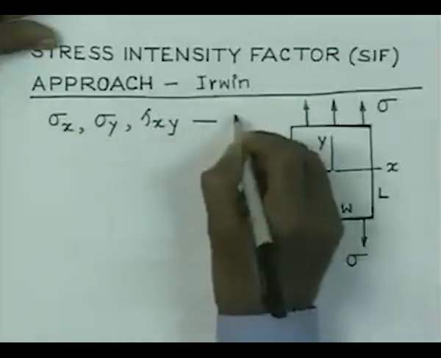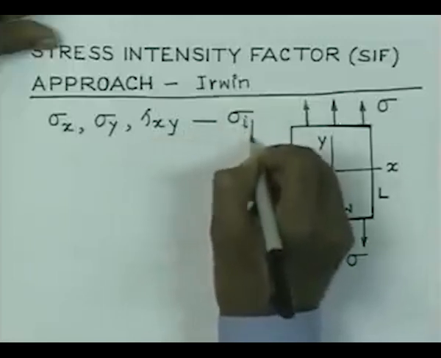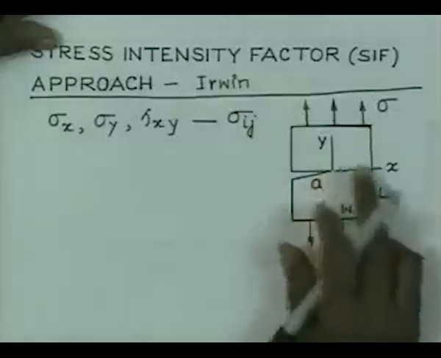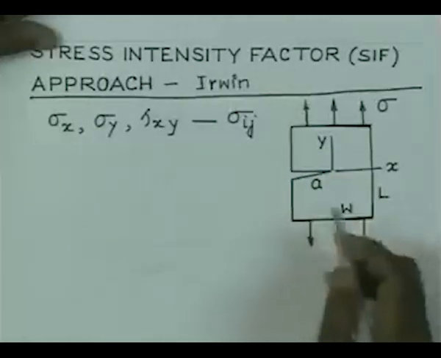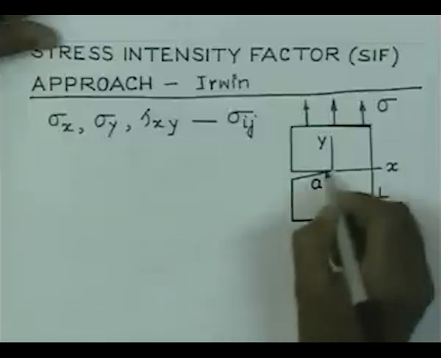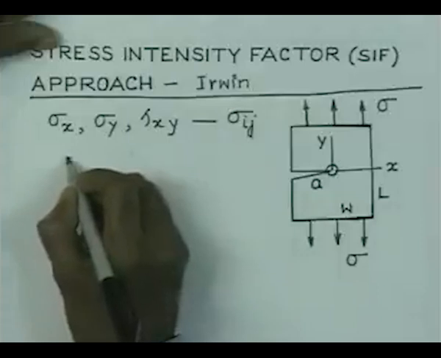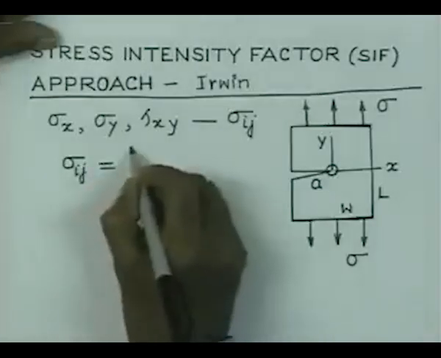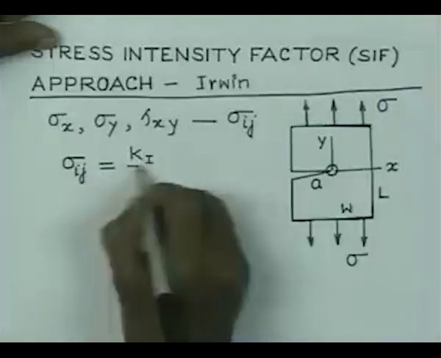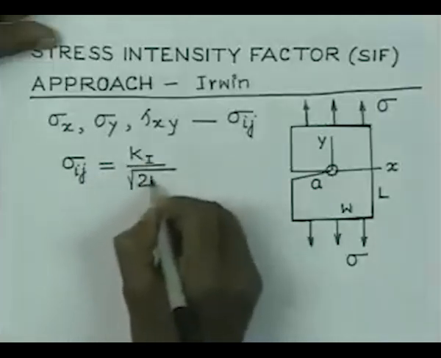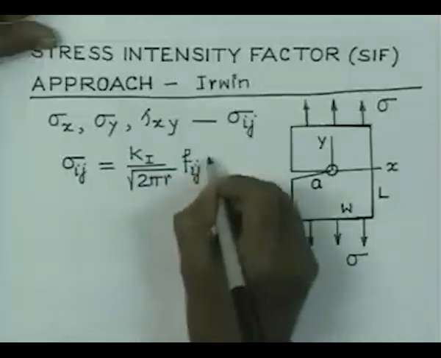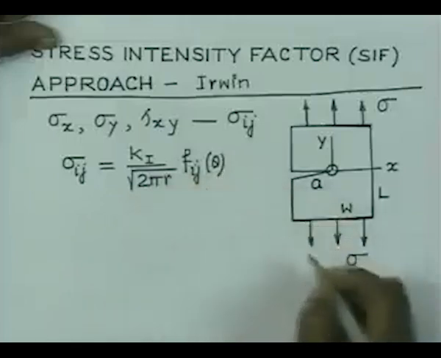So, let us represent them as the sigma ij stress. He analyzed, or rather obtained the solution for the stresses around the crack tip in a very small region around the crack tip here, and he showed that the stresses sigma ij are given by an expression of the type K i by root 2 pi r into f ij theta.